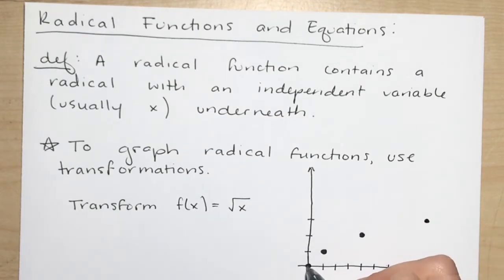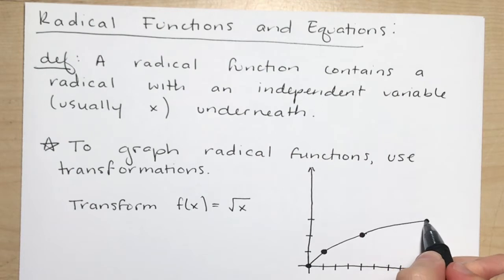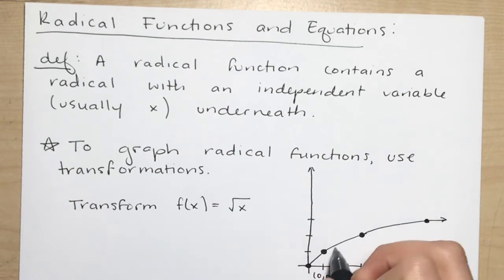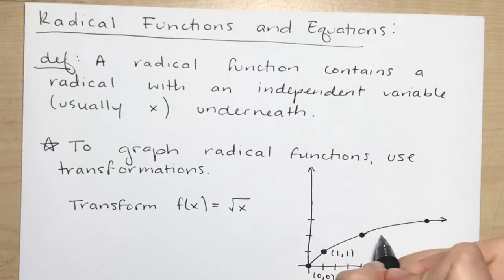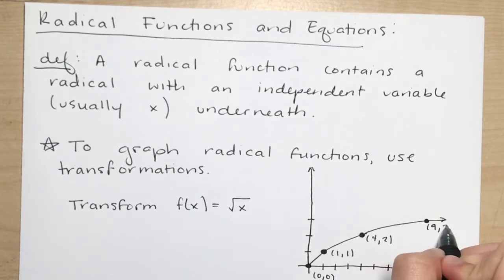So hopefully this is familiar, that our graph takes on this shape. Right, square root. So I'm going to write the points on here. What is the domain of this function?